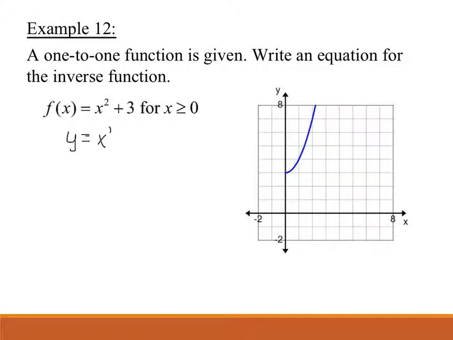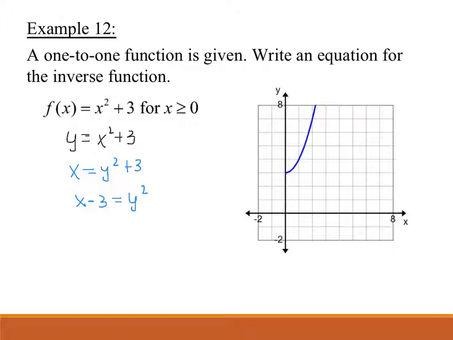x squared plus 3. And now I'm going to interchange x and y. So I have x equals y squared plus 3. And now I've already made sure that x is only positive. So now I can have x minus 3 equals y squared.